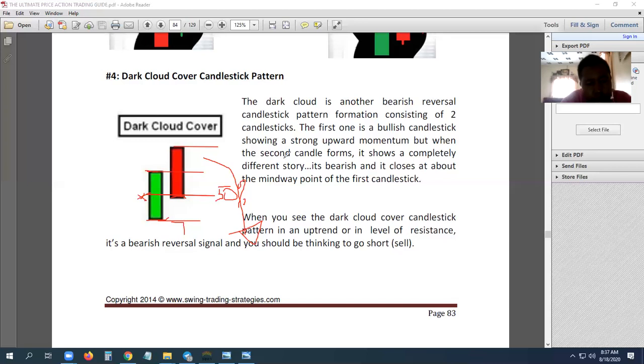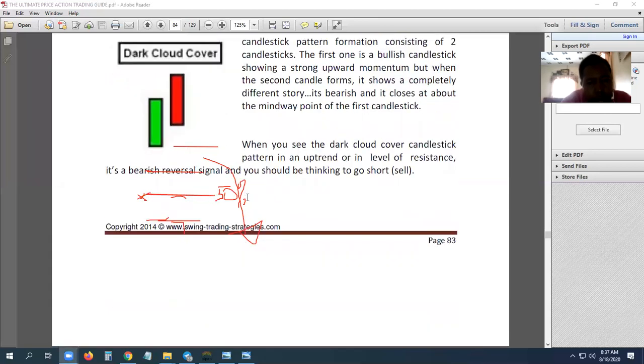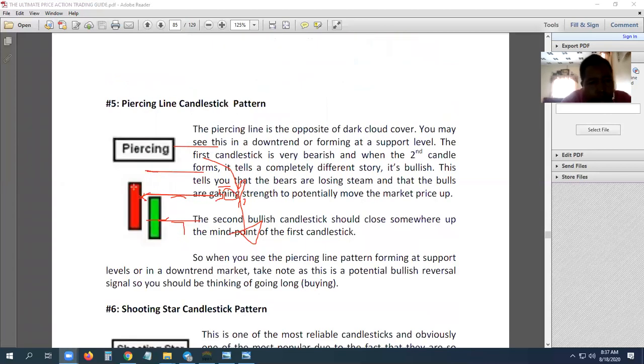The opposite of that is a candle that we call piercing line. Piercing line is quite the opposite. We have a red candle here, followed by a green candle, and the green candle closes above the midpoint of the red candle.